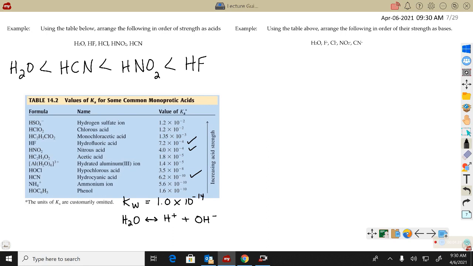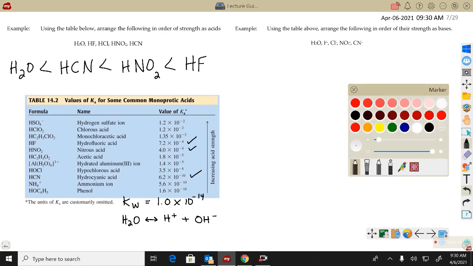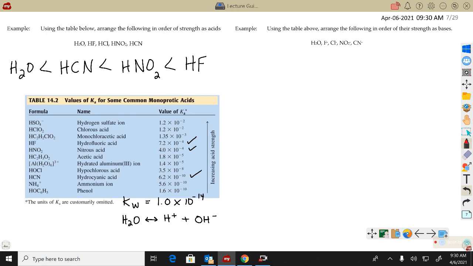Which all seems great, except for one. I'm missing the HCl, right? It's not on this chart, and there's no Ka value listed. Aha! Often they do not list Ka values for strong acids. And so it's good just to know common strong acids would be things like HCl, HNO3, which is nitric acid, H2SO4, which is sulfuric acid.